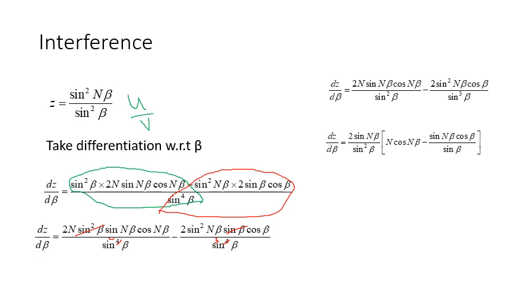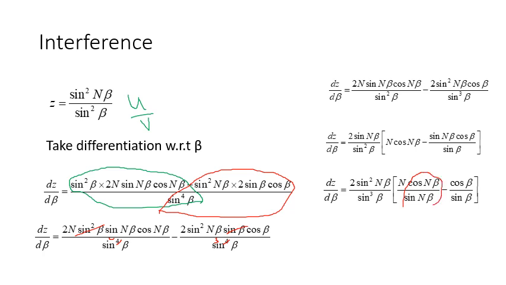From this expression I'm going to take sin n beta outside the bracket, and you know that cos by sin is cot, so you can write this as cot n beta, and similarly cot beta.